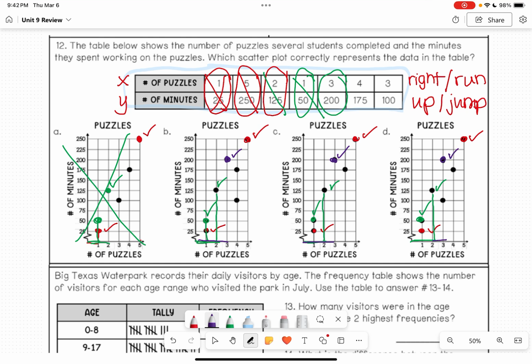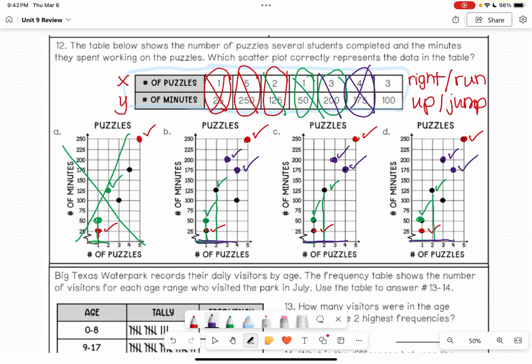So far they all have this one as well, or B, C, and D do. Now, next one is 4 and 175. So 4 and 175. Yes, this satisfies it. 4 and 175. Yes. 4 and 175. Yes, they all have it too.